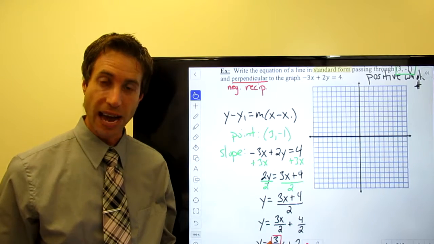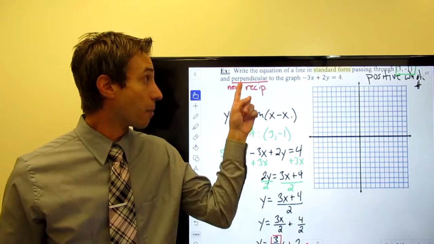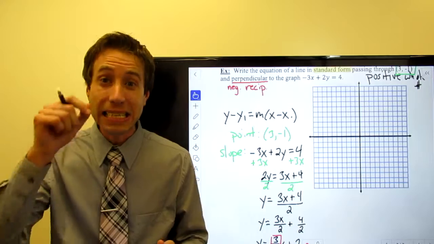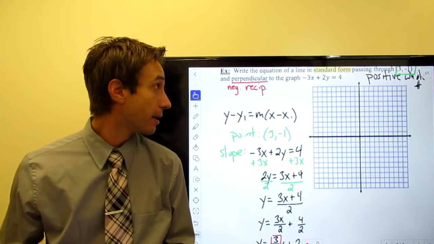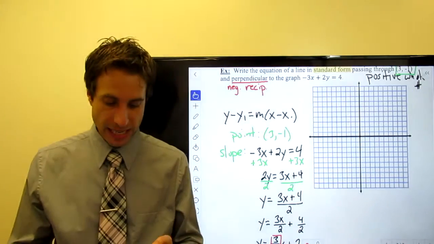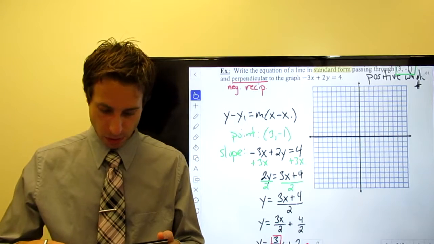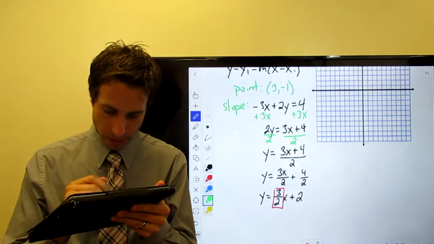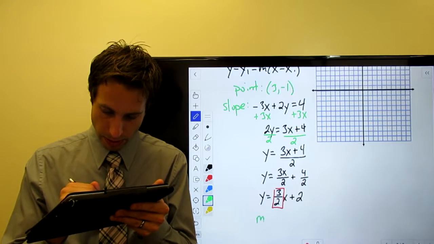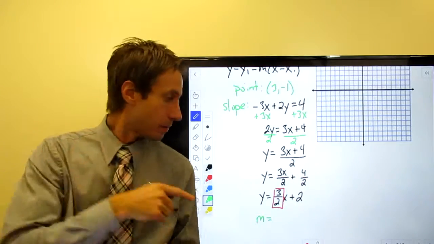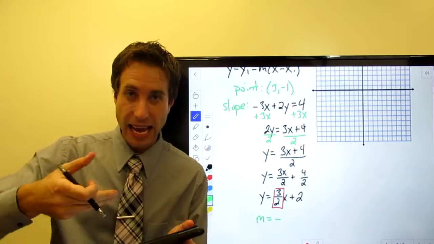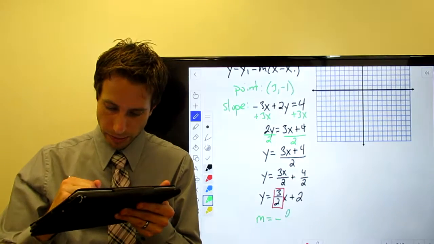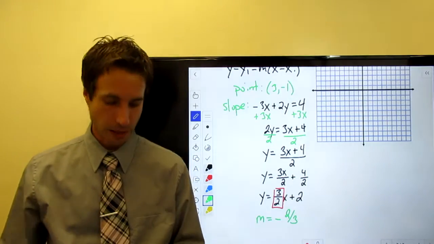There's its slope, 3/2. I want a perpendicular line. So I need my slope to be what? Yeah, I need it to be the negative reciprocal. It's positive, so it would be minus, and flip it, 2/3. Fantastic.